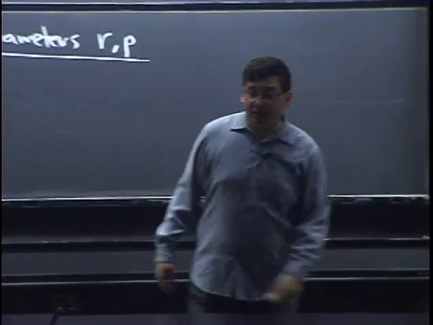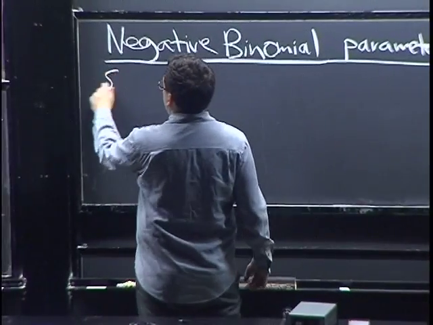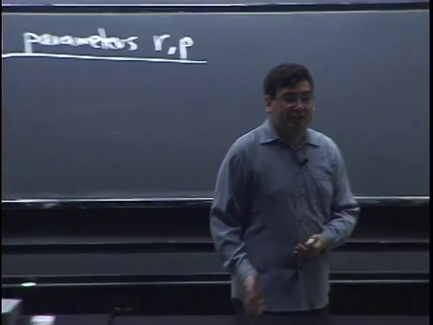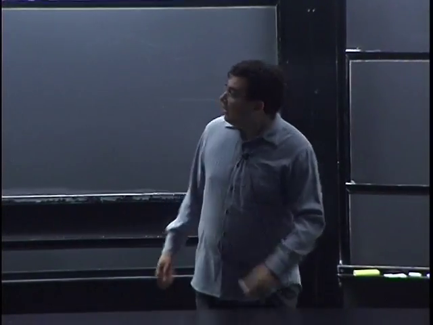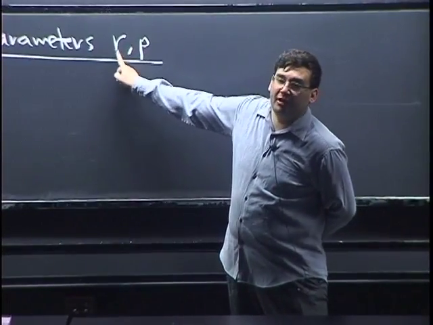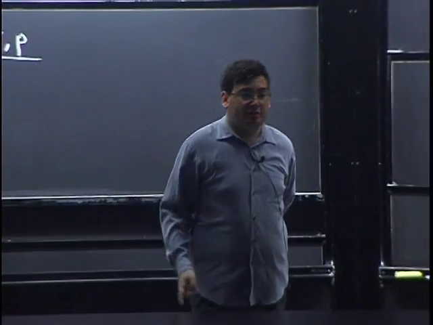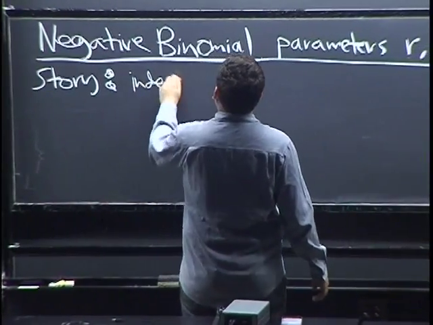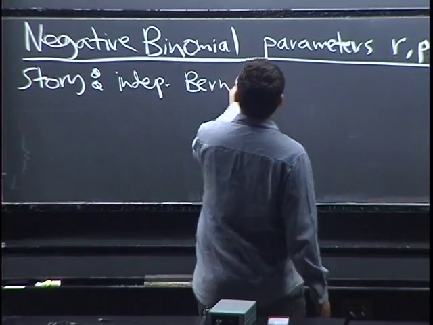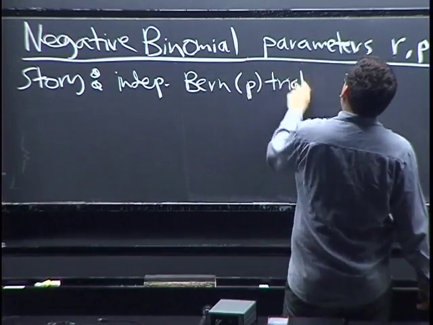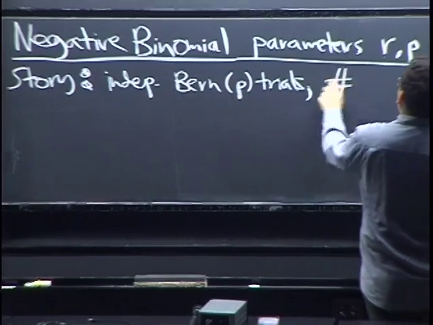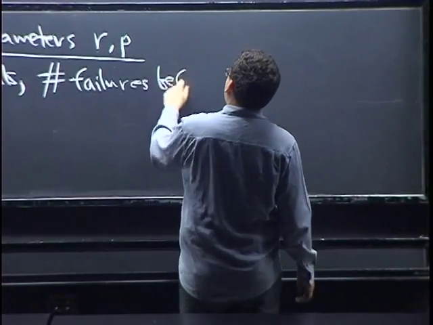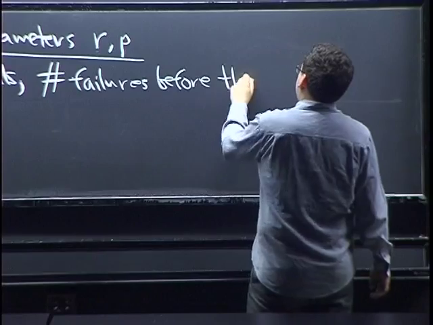And the story is that, like remember with the geometric, we were doing Bernoulli trials over and over and over again until getting success for the first time, and then we counted the number of failures. This is the extension to the case where you want R successes. So again we have independent Bernoulli P trials, like with the geometric, and we want to know the number of failures before the rth success.